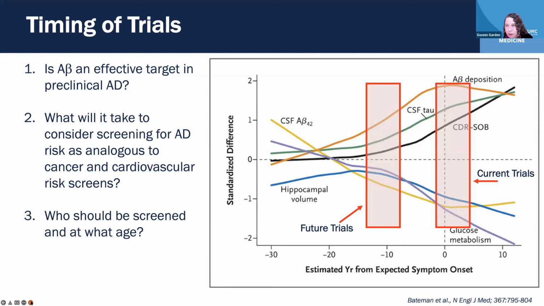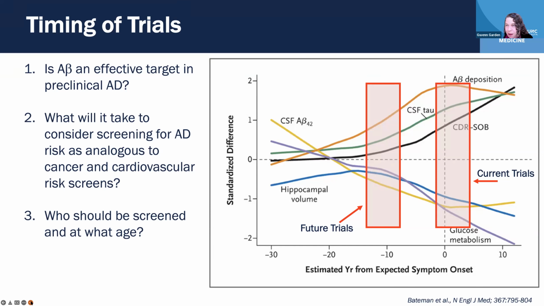There's a lot of questions about whether or not that's a tractable way of moving forward. And it would really take a big paradigm shift in the way we approach individuals as they enter midlife, and whether or not they should be screened for their individual risk for accumulating A beta and potentially developing Alzheimer's disease.